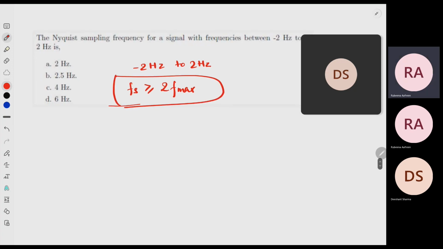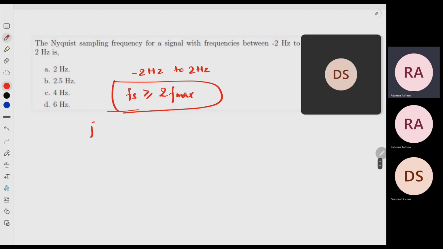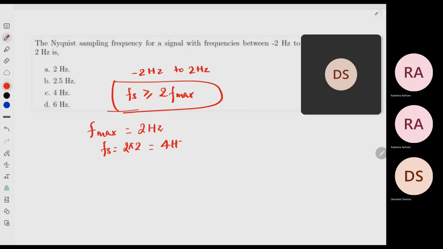So from here, the maximum frequency of the signal is given as 2 Hz. So the Nyquist frequency would be 2 into 2, that is 4 Hz.